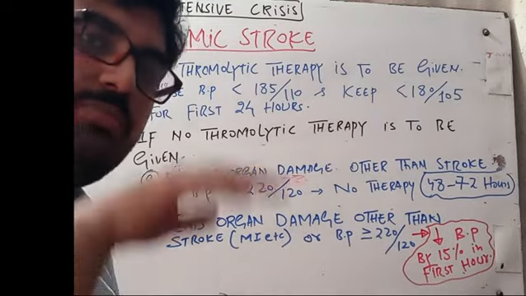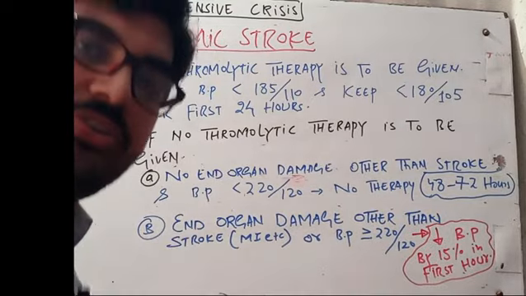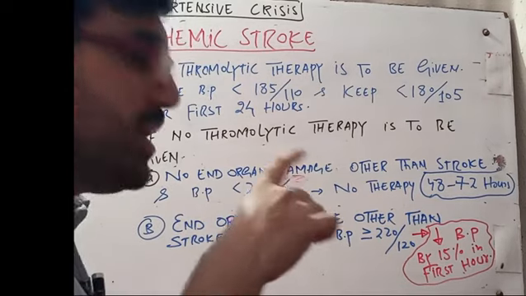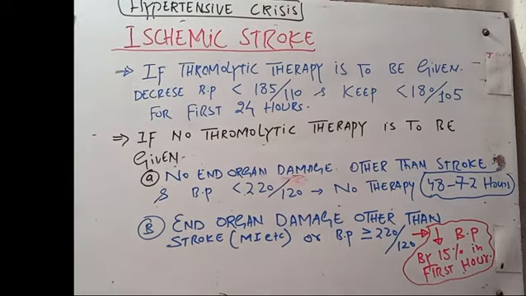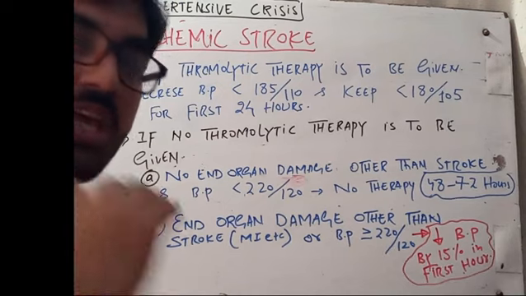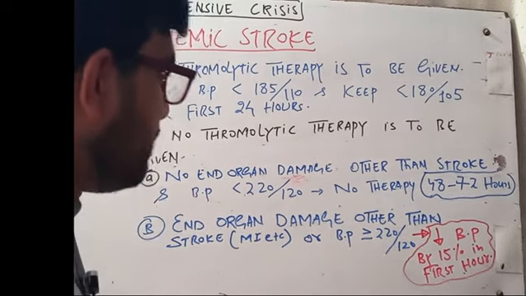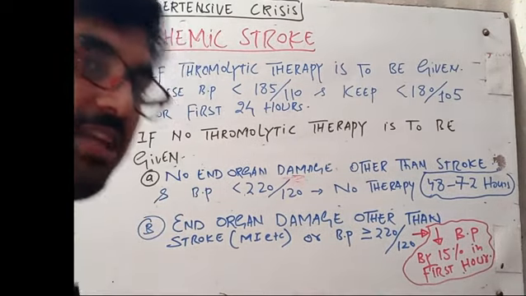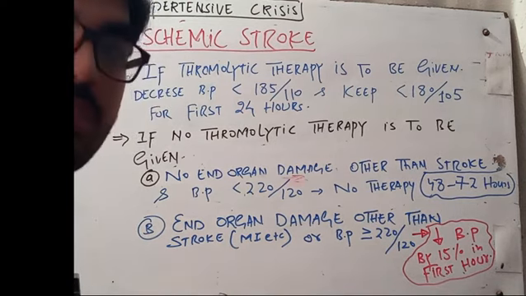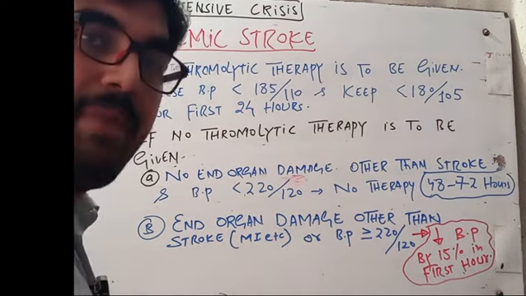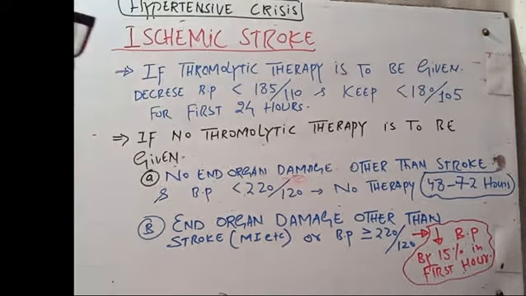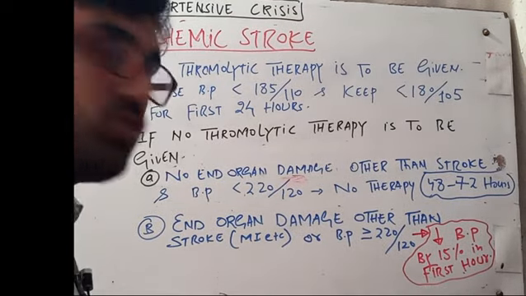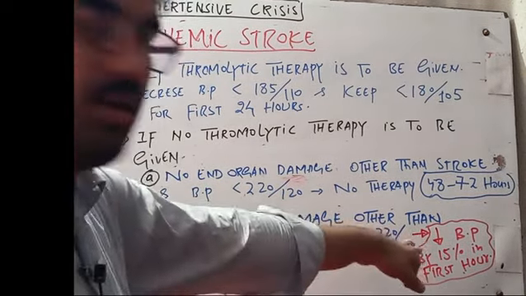We have to lower the blood pressure by 15% in the first hour at least, not more than that. If we decrease the BP by more than 15% in the first hour, we are making more damage, so we have to be careful regarding that.